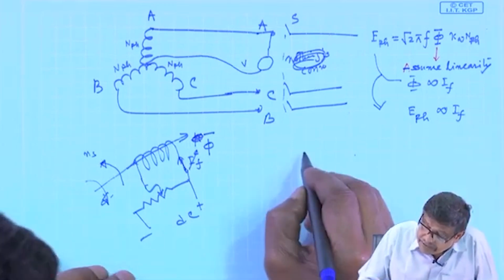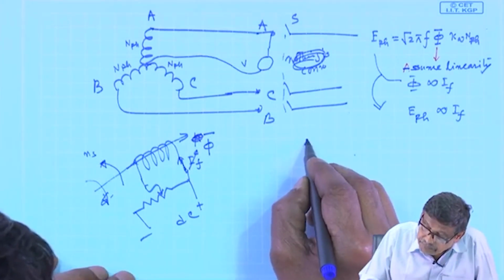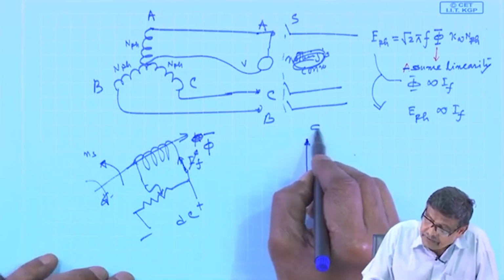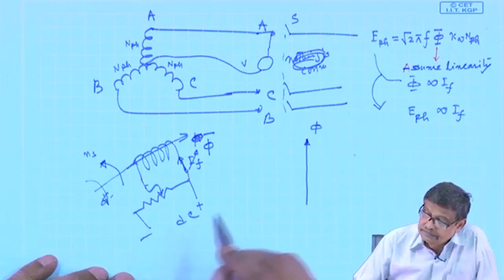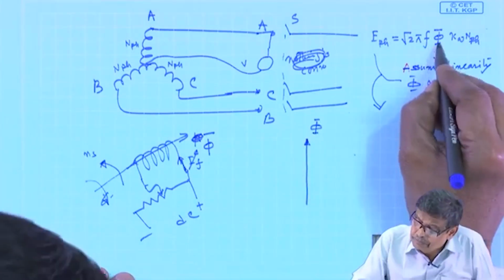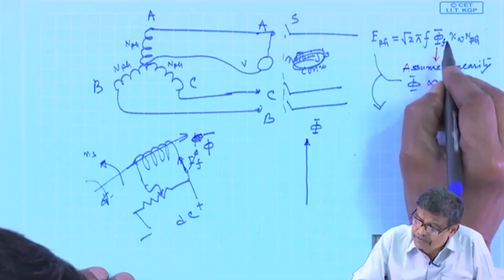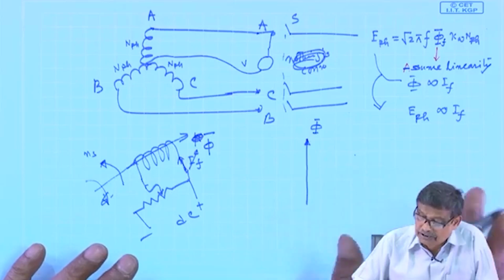And in the phasor diagram, this is your flux per pole. Sometimes people write F produced by field current. I think those things will not bother you much.